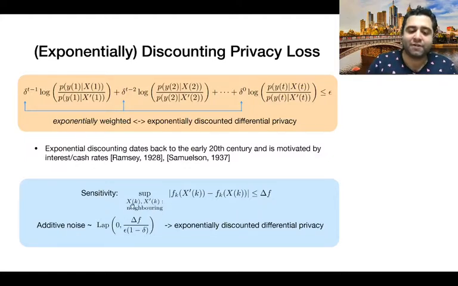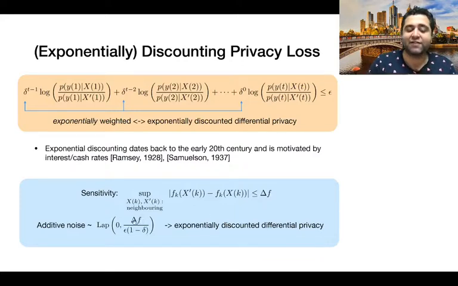So looking at the neighboring datasets and looking at the sensitivity or the changes of this query at the given times. Now we select an upper bound for the sensitivities across time. And we use this to define the scale of the noise that we add for ensuring discounted differential privacy.